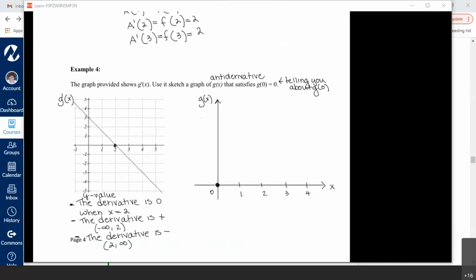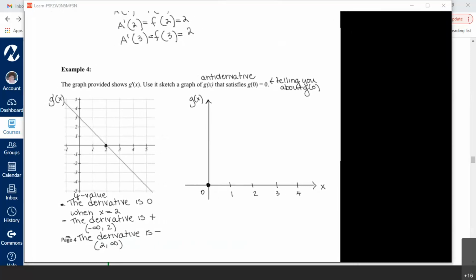Just pick one of them and tell me what it tells you. How about the first one? The first one's probably the easiest. What does it mean when the derivative is 0 at some x value?